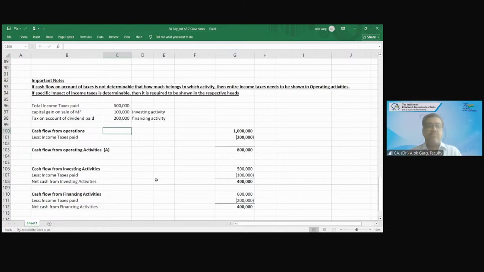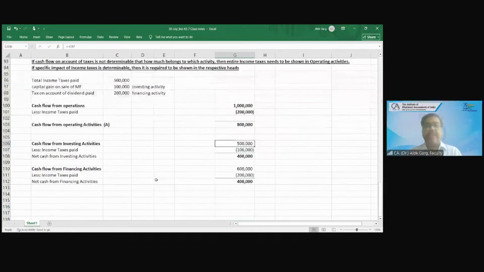So how has this to be shown? For example, cash flow from operations, 10 lakh rupees. Less income taxes paid. So how have this 2 lakh arrived? 5 lakh minus 1 lakh minus 2 lakh. So from cash flow from operating activity, only 2 lakh has been deducted for taxes. Cash flow from investing activity, let's say it's 6 lakh rupees.